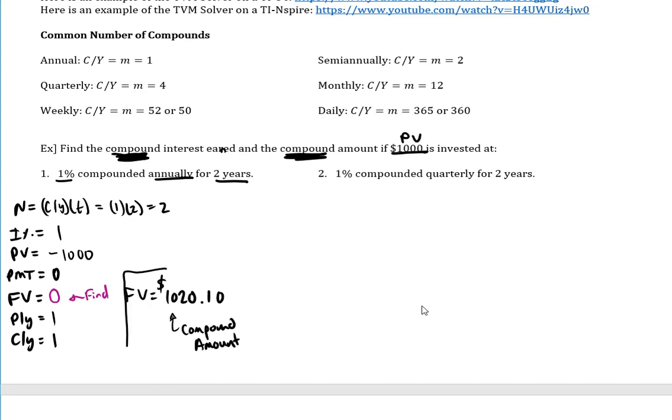Going off of what we did with simple interest in the first video, the interest earned would be the difference between our present value and our future value. So the interest is future value minus present value. And in this case, we will keep them both positive.